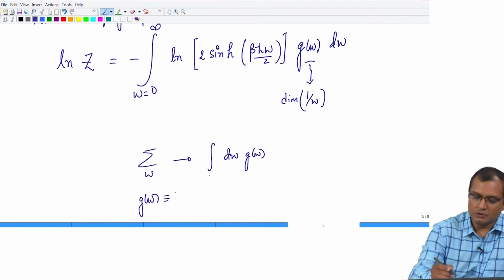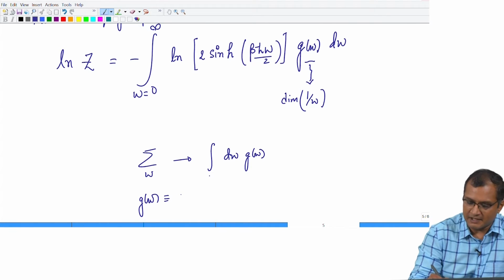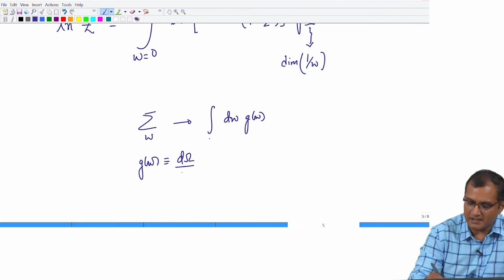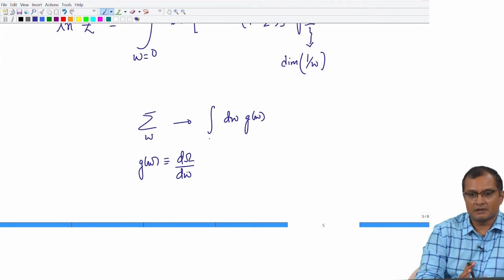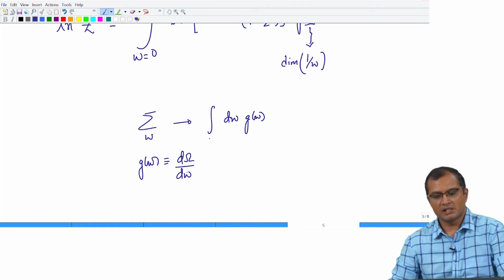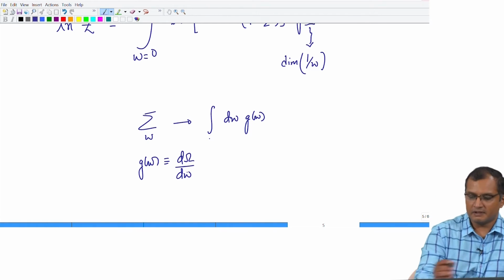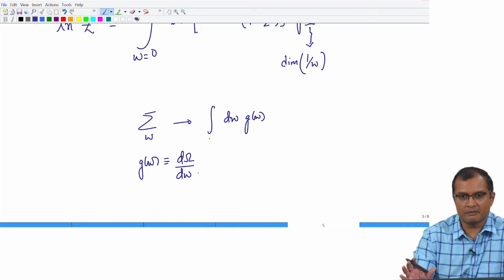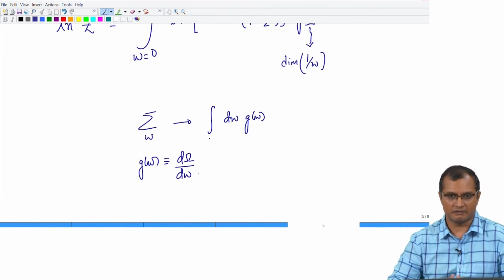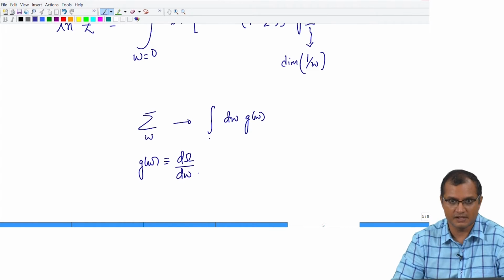So, in some sense the density of states is required to basically say that if you have a number of states in some frequency interval, then if you integrate over the entire frequency interval, the summation over all g of omega is simply unity, or the number of modes if you have not normalized your density of states.